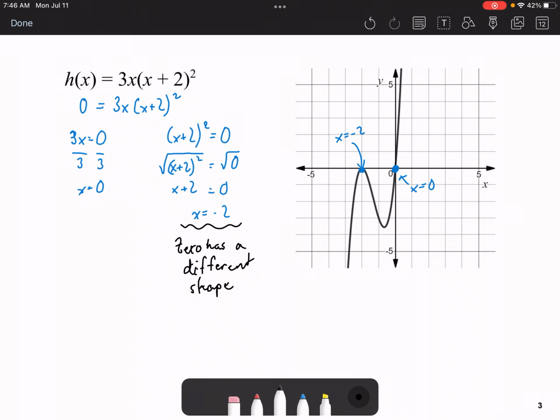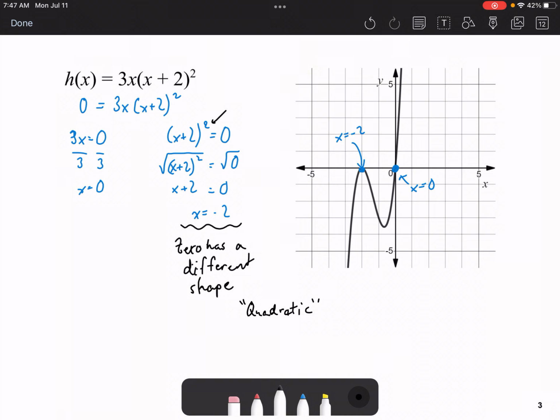It looks like it just bounces off the x-axis there. That bounce comes from this exponent being 2. When you have an exponent of 2, it gives it a quadratic shape, so it just sits on the axis at that point. That's what's going to happen when you have an exponent of 2.